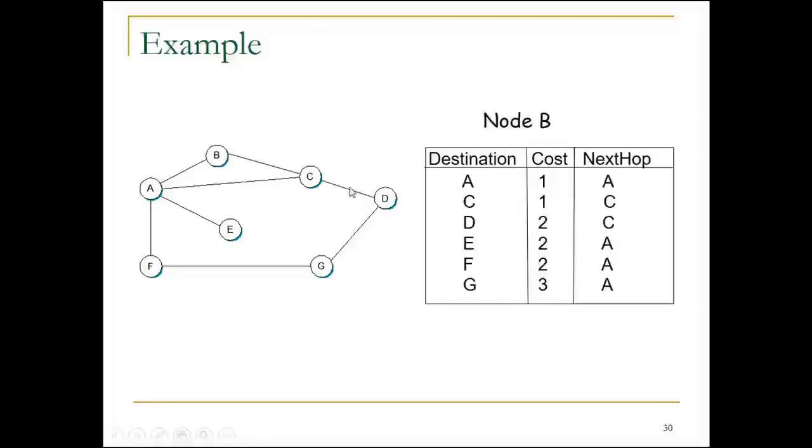The same cost applies to B to C, 1, C to D, 1, D to G, 1. So that's 3 as well.